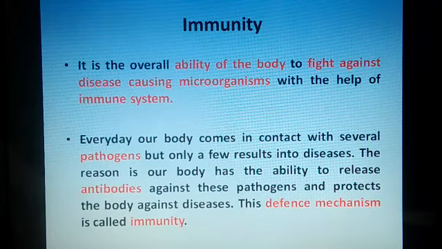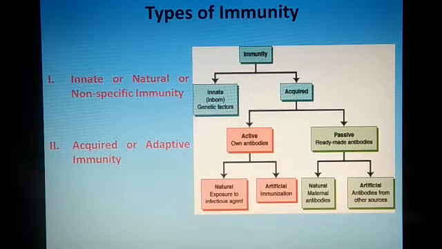Now, I will discuss types of immunity. There are two major types of immunity as shown in the figure here. First one is innate immunity and the second one is acquired. Innate immunity is also known as non-specific or natural immunity, as it is inherited by birth.